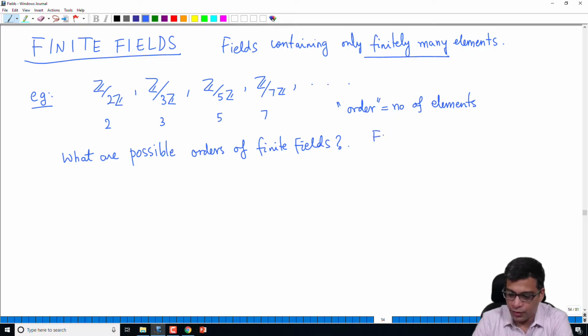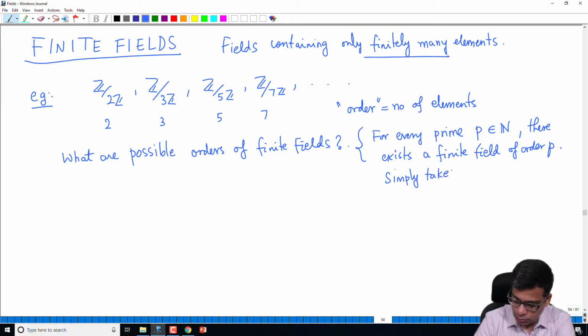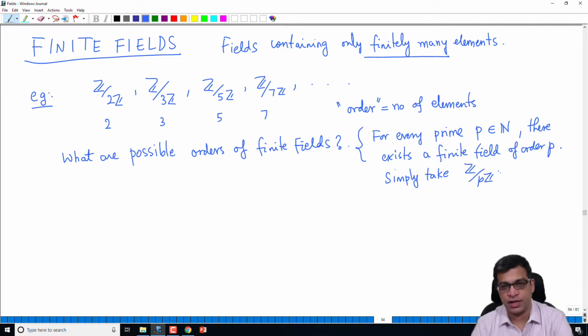So clearly for every prime P, remember prime number, when I say prime in this context, it's a prime integer, there exists a finite field, of course, of order P. So simply take Z mod PZ, and we will prove as part of the structure theorem that this is the only such field up to isomorphism.